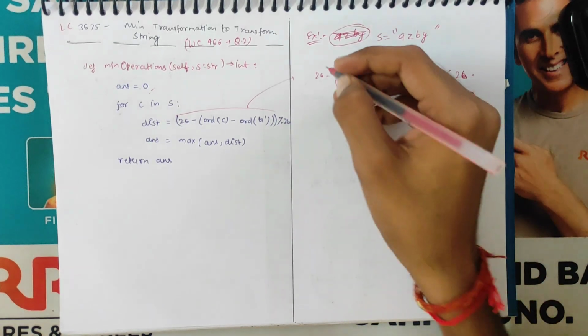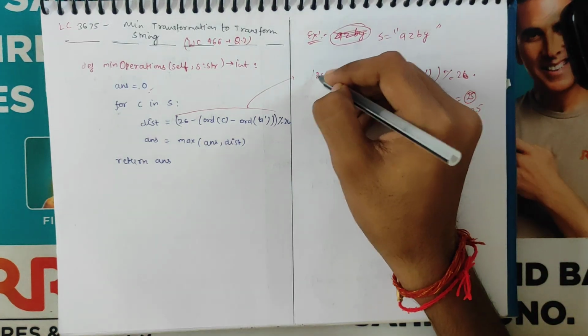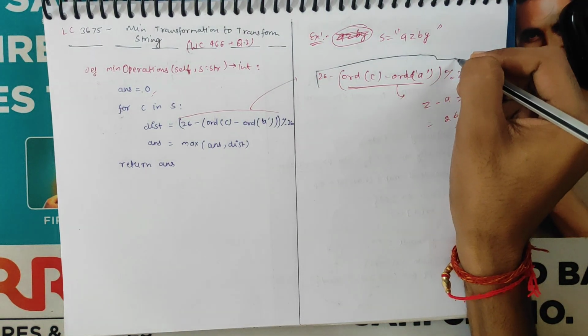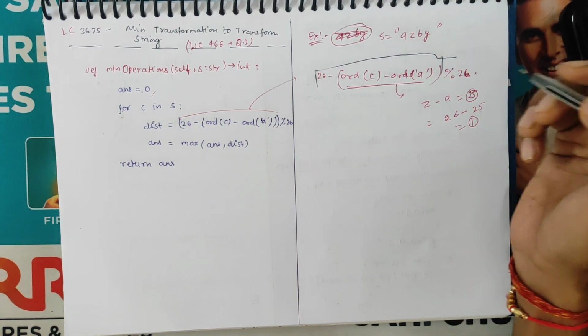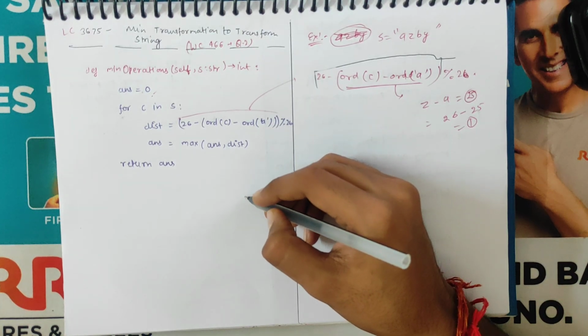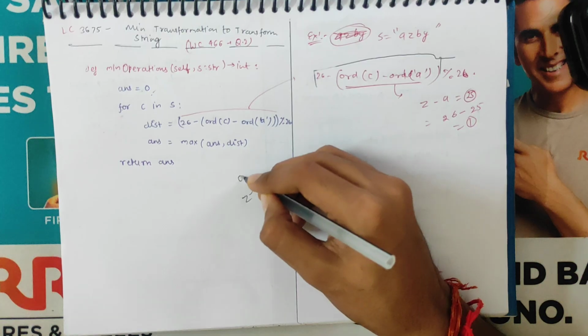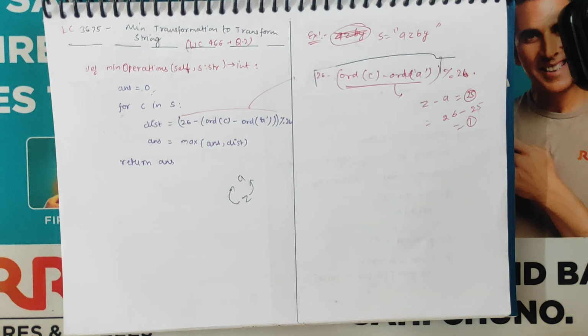If we look at this whole part, what is it doing? To go to a, we can go by either side. Like z is here, so we can go from z to a, and we can also go anticlockwise too.